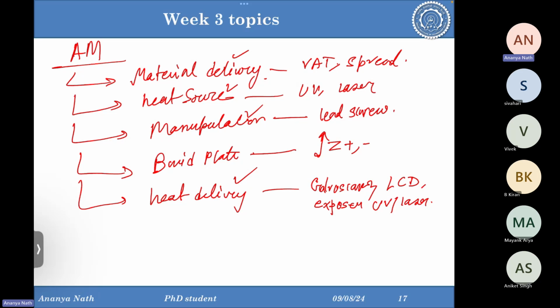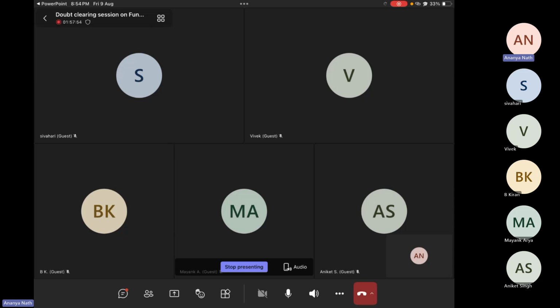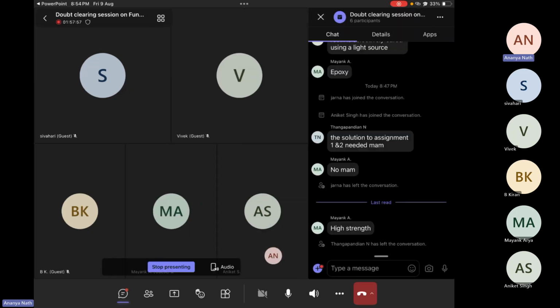So these are the differences we have in AM processes, and depending upon which we do have the classification of AM techniques. But under an AM technique also there are multiple methods. So depending upon these four aspects, we get different AM processes. This is all about the week 3 lecture topics that has been covered.